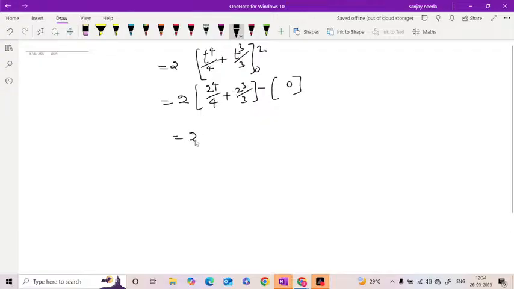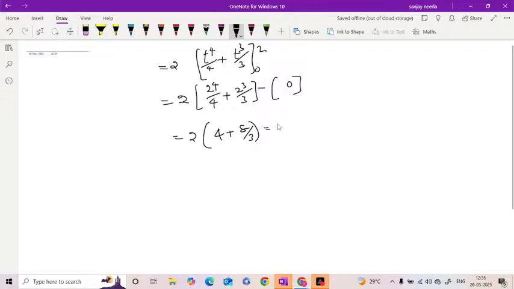Now, after simplification, 2 power 4 is 16, so here we will get 4 plus 8 by 3.